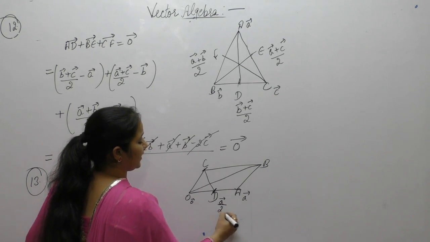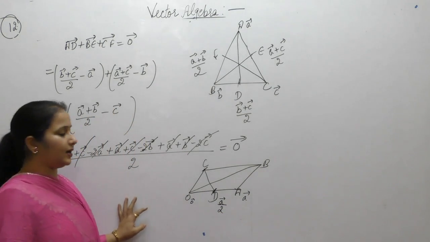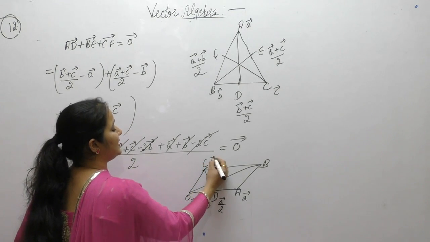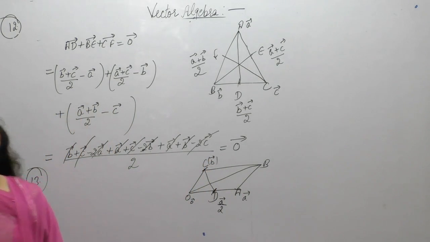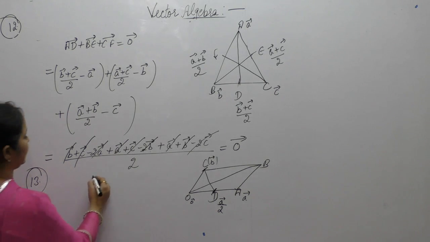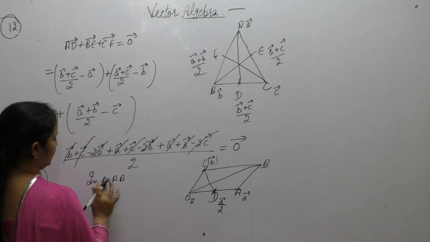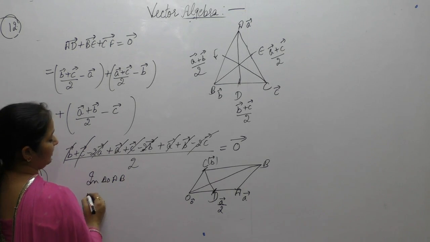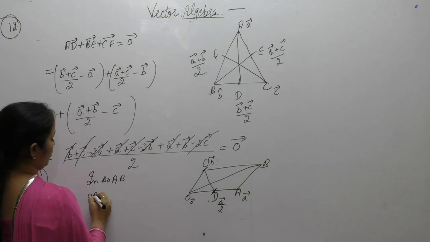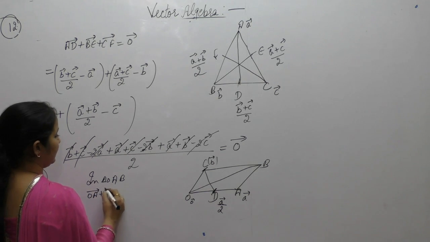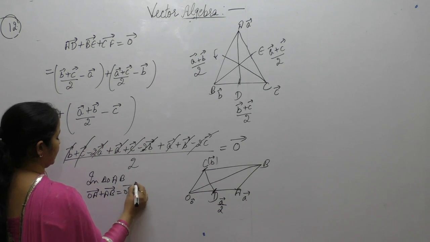So the position vector of D is A vector upon 2. Let C have position vector B vector. Now in triangle OAB, OA vector plus AB vector is equal to OB vector.